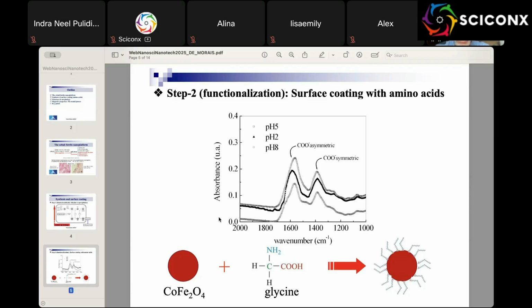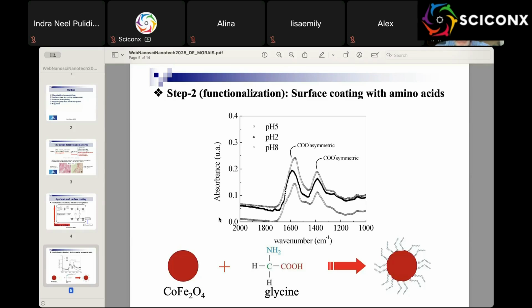So we follow this by looking at the absorbance of the end material. And in this case, because we are coating with a molecule that has the carboxyl group, we can look at the carboxyl group absorbance.